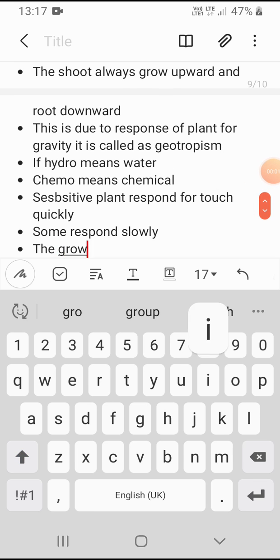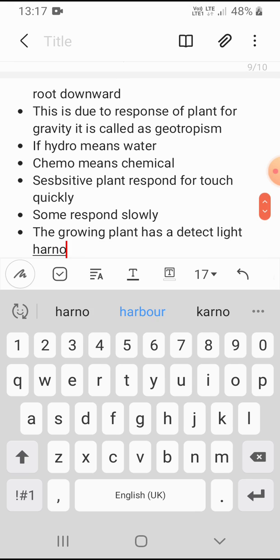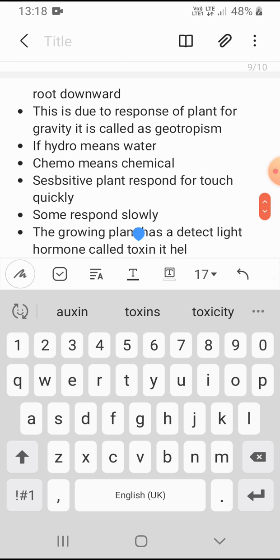So the growing plant has a hormone that detects light, called auxin.